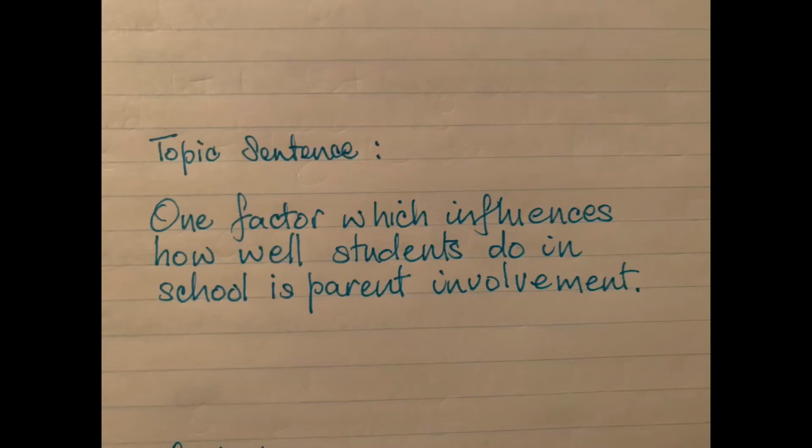And since the topic sentence summarizes the paragraph, that topic sentence will tell the reader what is coming up. So here's an example. One factor which influences how well students do in school is parent involvement. Short and brief. And that's what the topic sentence should look like. It should just be brief.